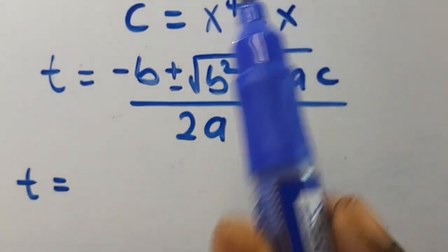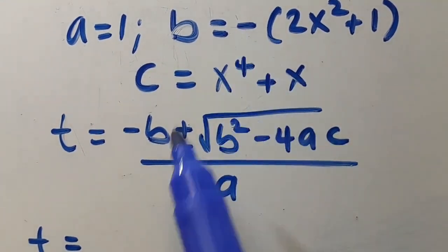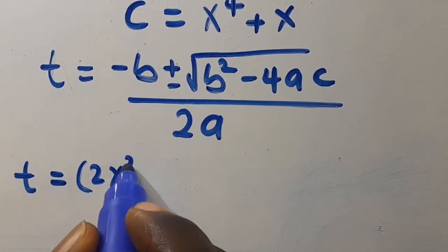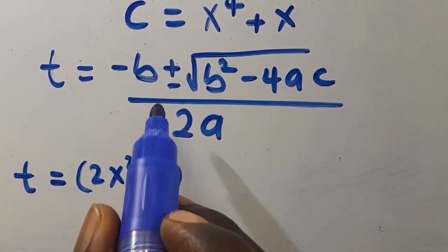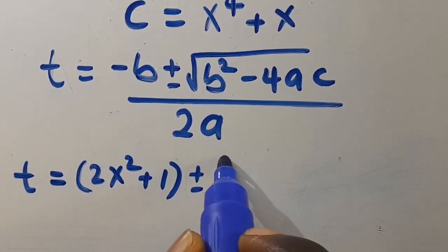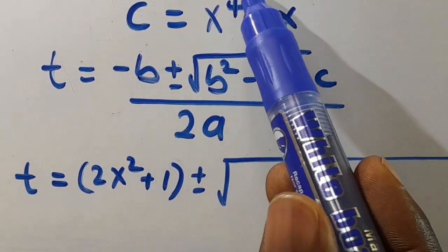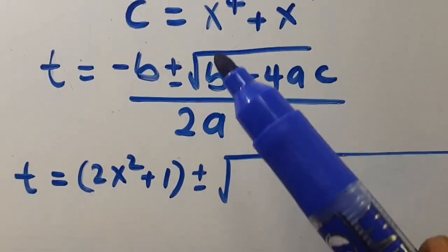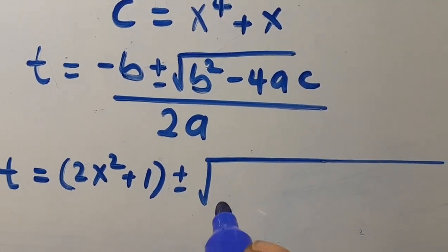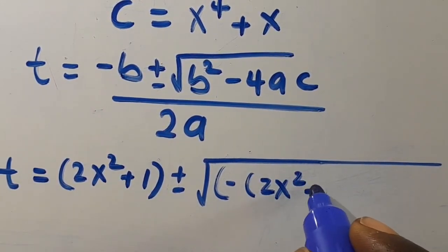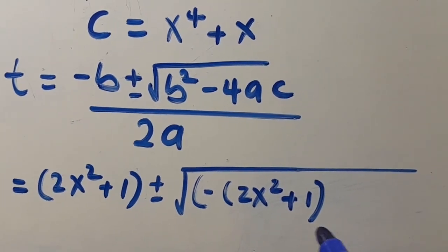Already our b is minus here. It's minus, so definitely here will be plus. So we're going to have it as 2x squared plus 1. Then positive or negative, square root of this b will now be squared here. So definitely we have this minus into 2x squared plus 1.